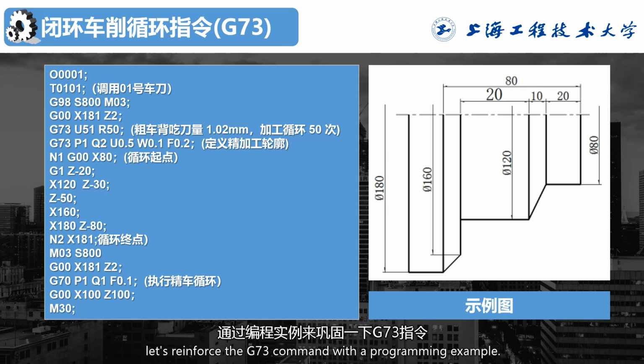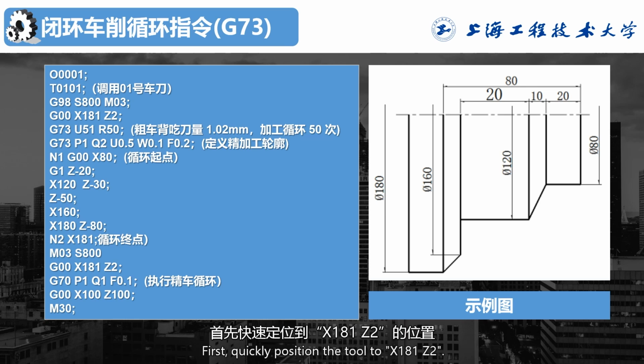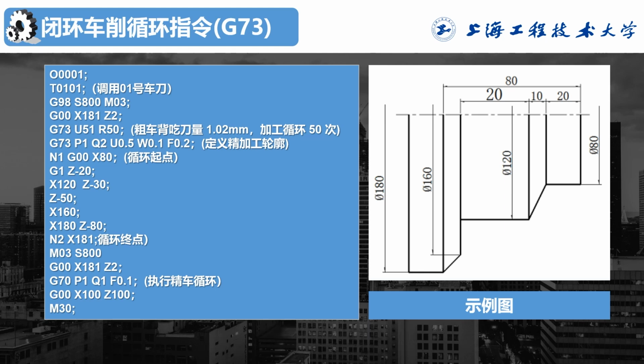Finally, let's reinforce the G73 command with a programming example. First, quickly position the tool to X181 D2. Then, call the G73 command. Analyze the part drawing. 80 is the smallest diameter, and from this, triangle E is calculated as 51.